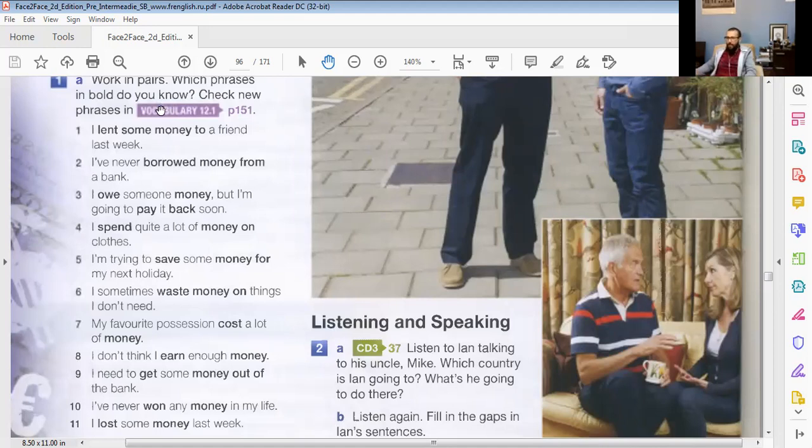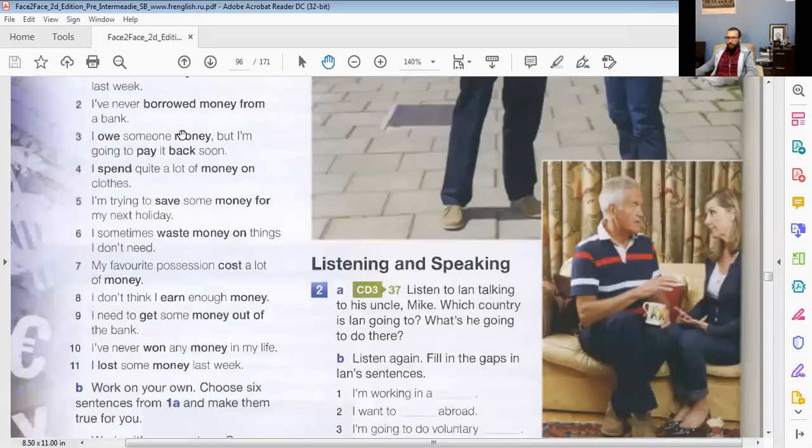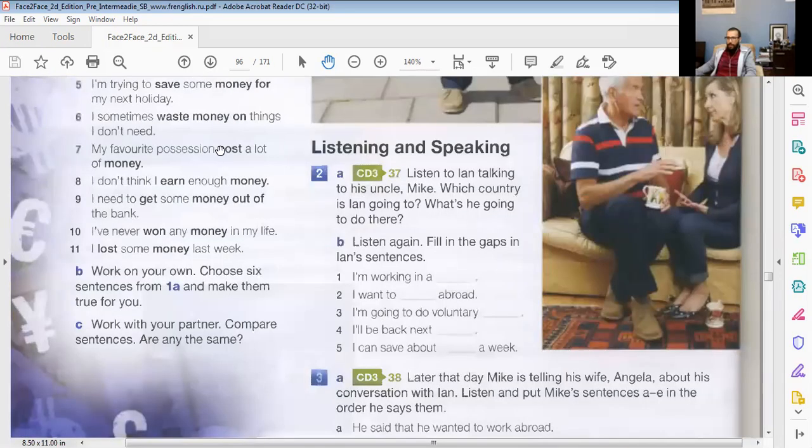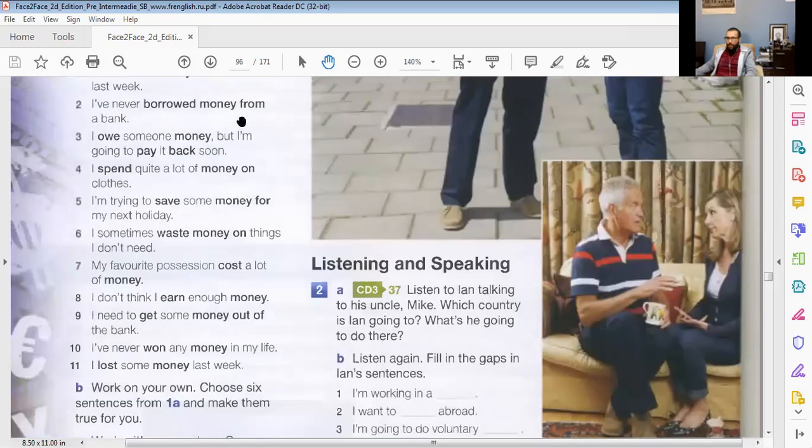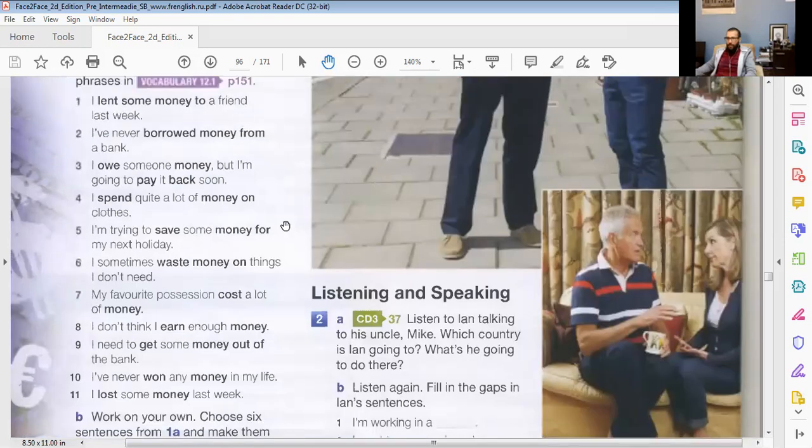Okay, so these are some expressions people use about money. Okay, which of these situations are maybe true for you? Or which of these things have happened to you or usually happen to you? And you can actually change them a little bit to make them true for you.